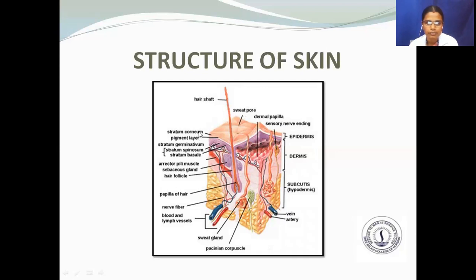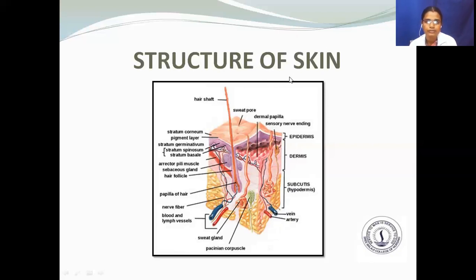Then stratum corneum, pigment layer, arrector pili muscles, sebaceous gland, and hair follicles are all seen in the dermis. Then the papilla of hair, nerve fiber, blood and lymph vessels, sweat glands, and Pacinian corpuscles, vein and artery are also seen in the subcutaneous or the hypodermis.